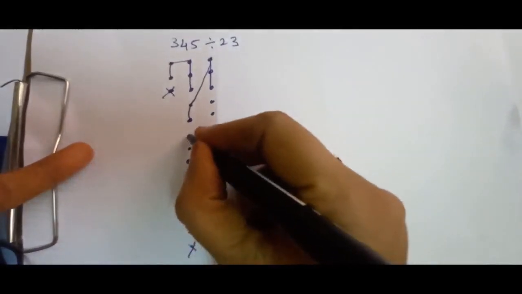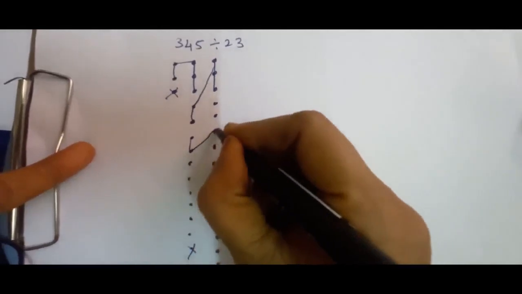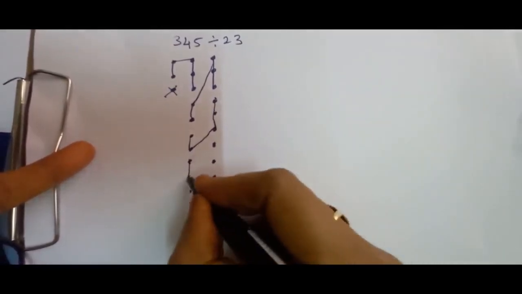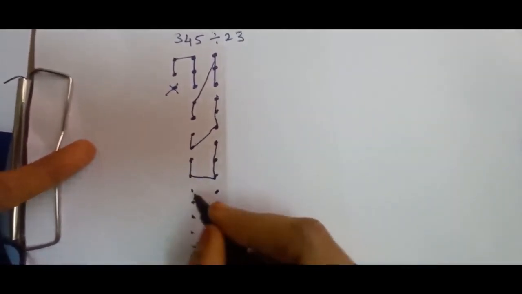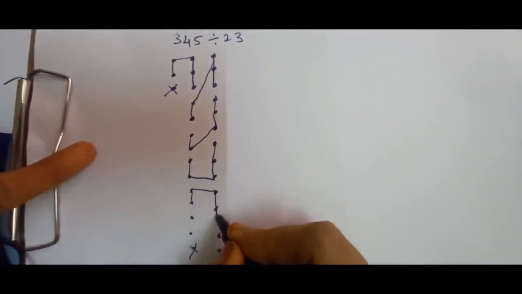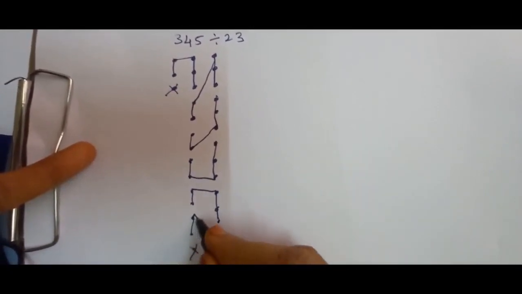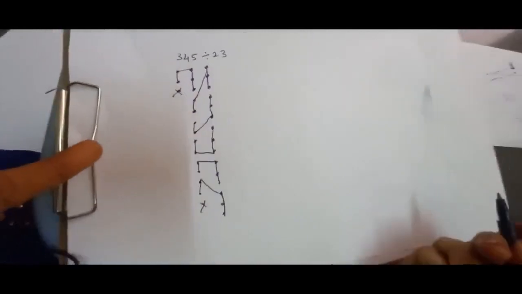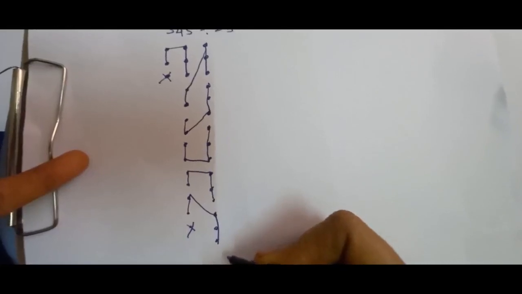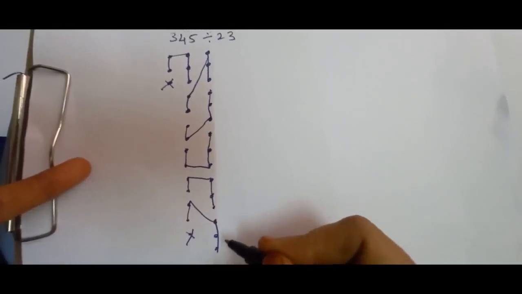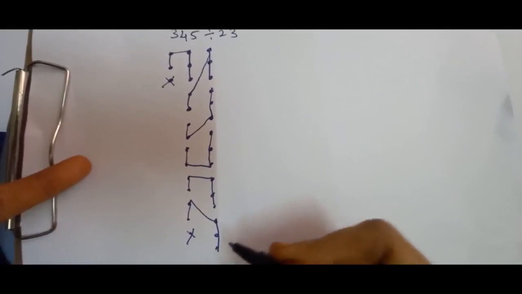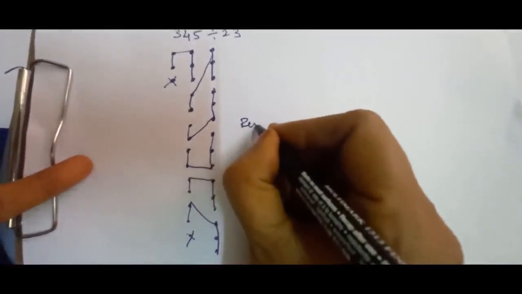Now 2 points here and 3 points here. 2 points here, 3 points here. See here, no dots are left. If 1 or 2 dots are left, then we can keep it as a remainder. Here, no remainder. That means remainder is 0.